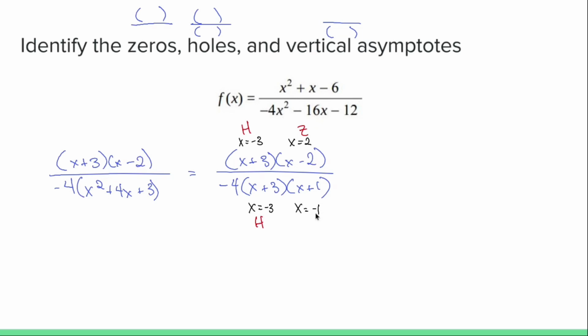I have x equals negative 1, which is all alone in the denominator. That's a vertical asymptote. So my hole is going to be x equals negative 3, my zero is going to be x equals 2, and my vertical asymptote is going to be x equals negative 1.